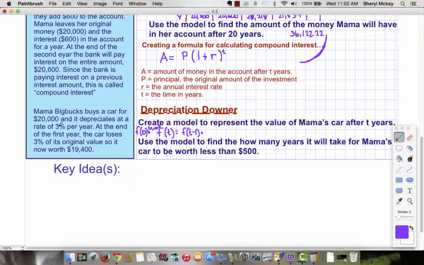Because it's going down in value by 3%. So we could write it like this. We could say times 1 minus the percentage of 3%, which is actually 97%, right?